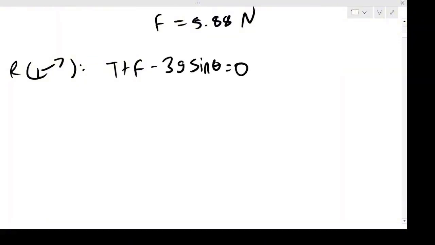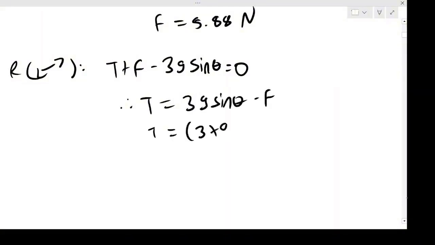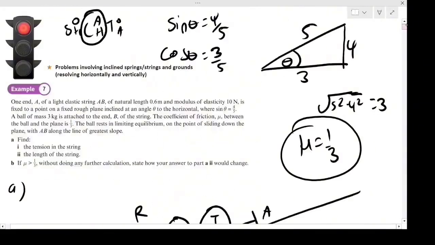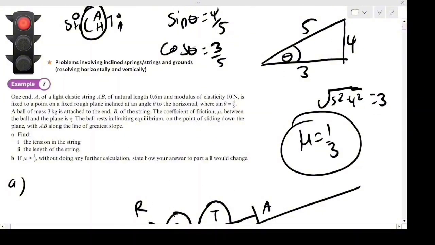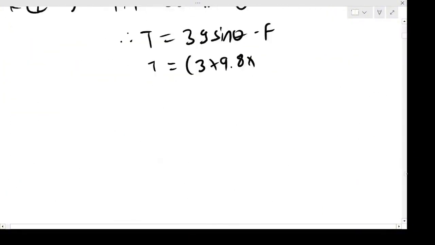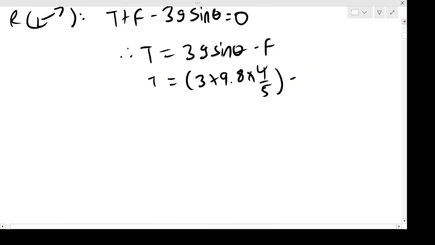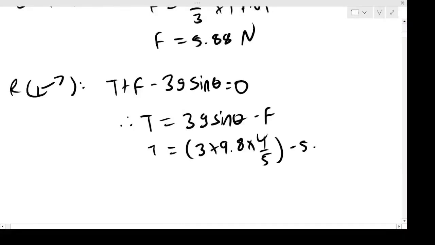There's no acceleration here. So if I rearrange this, T is going to be 3g sine theta minus F. So T is going to be 3 times 9.8 for g times sine theta, which is 4/5, take away F, which was 5.88.